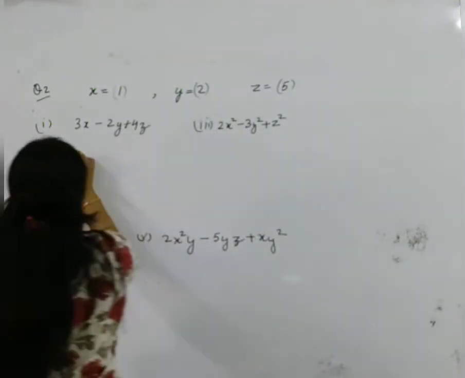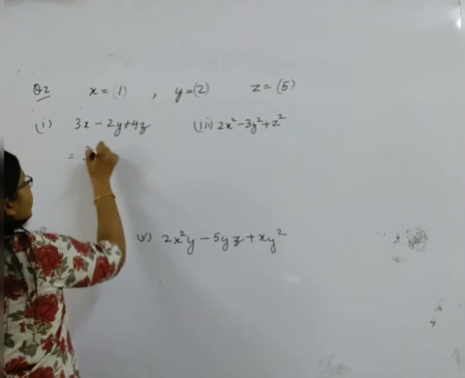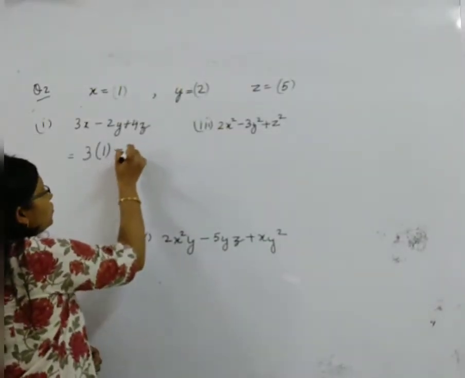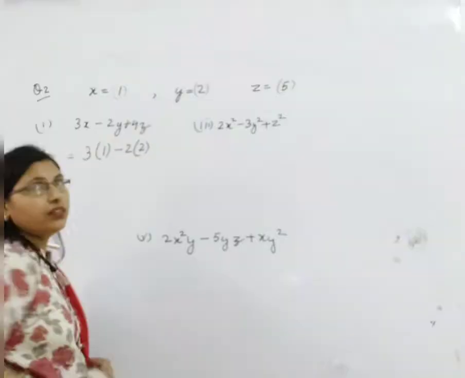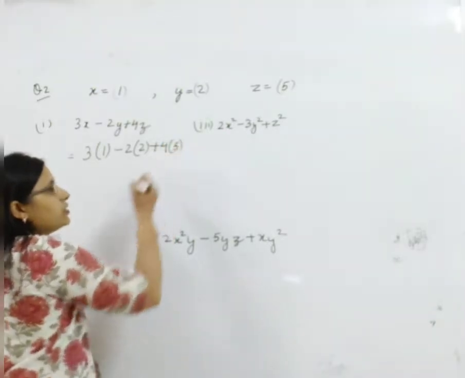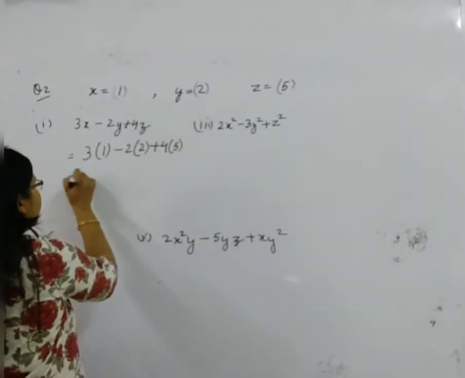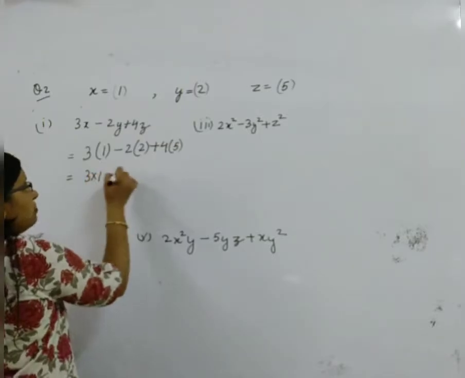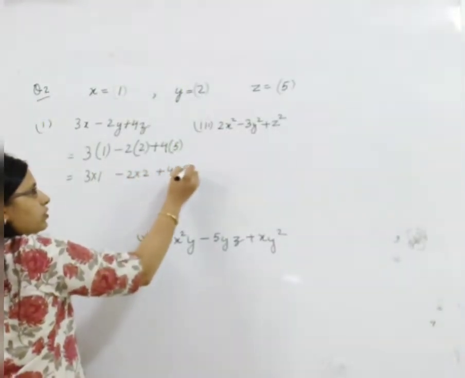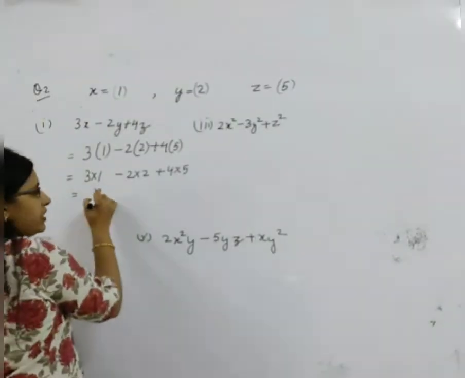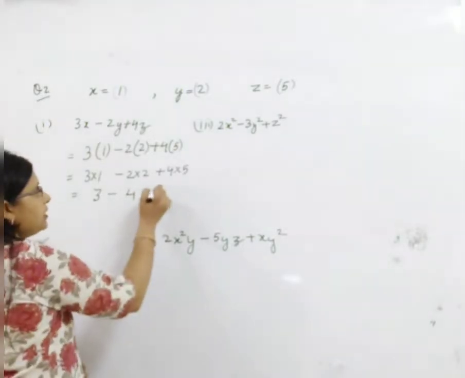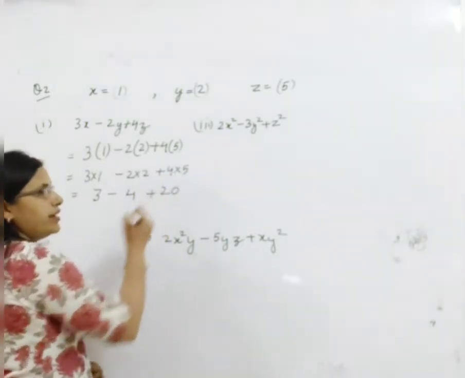Here it is given 3x minus 2y plus 4z. So 3 into 1 minus 2 into 2 plus 4 into 5. So 3 into 1 is 3, minus 2 into 2 is 4, plus 4 into 5 is 20.